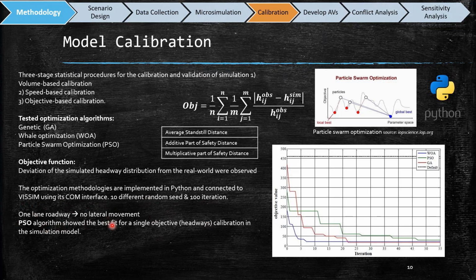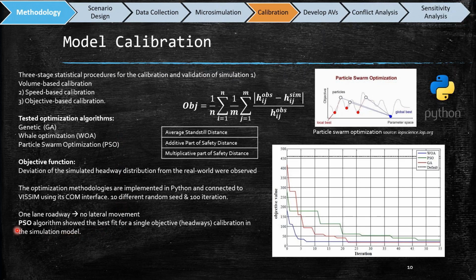The only reason that we used these three for the test and did not go further with other algorithms was that we only have longitudinal movement in our simulation and calibration. So we don't have any lane changing.